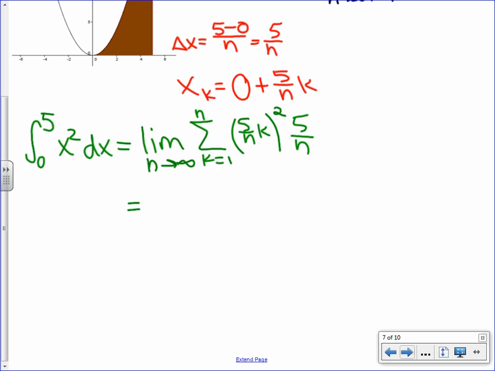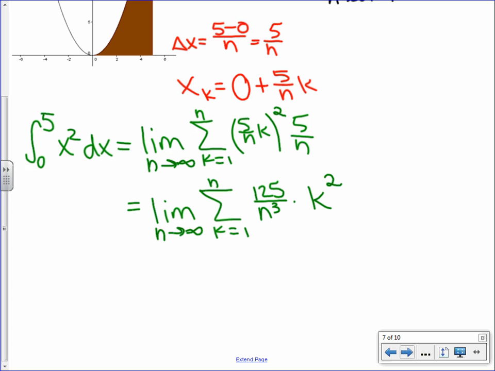All right, so now let's write this as the limit as n approaches infinity. How could I rewrite this? Five squared times 5, 125 over n squared times n, thank you, n cubed, times k squared.